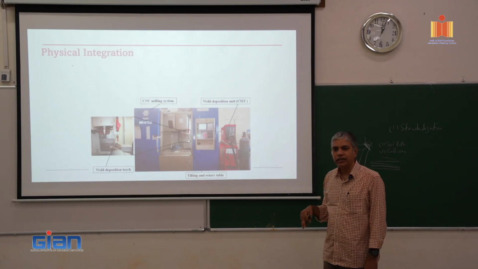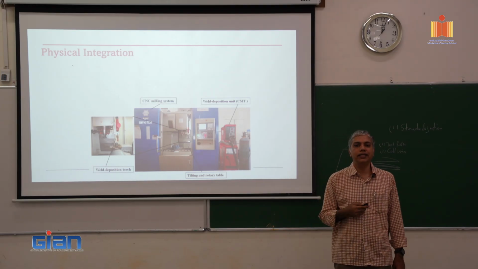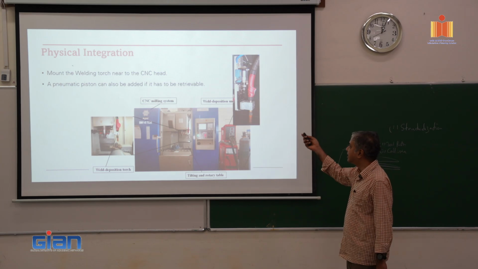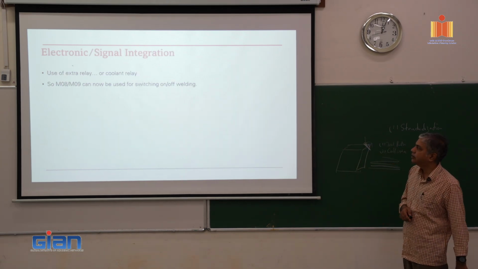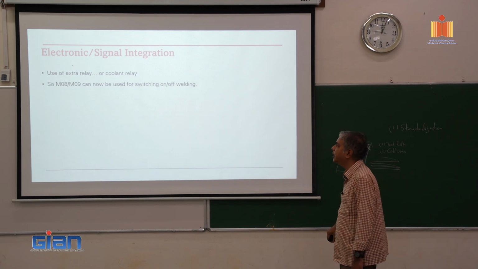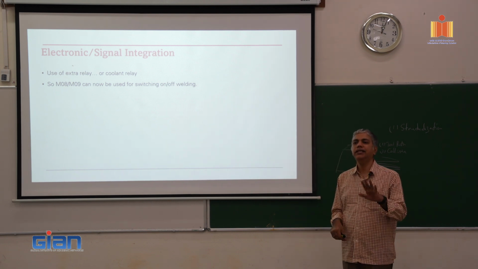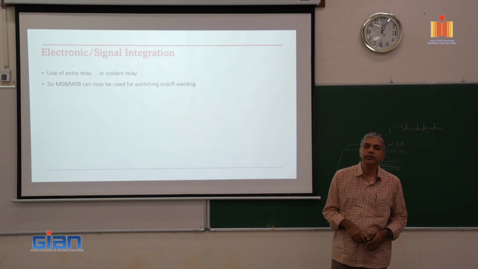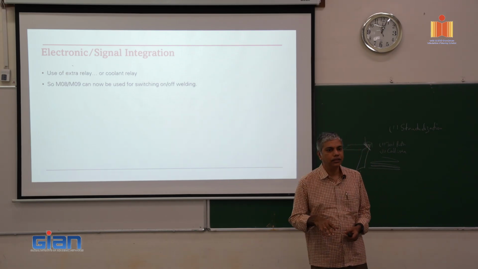So how do you get over such challenges? This is essentially how we have loaded it. For the electrical integration, what are the things available in a CNC which you don't use when welding, when doing deposition?